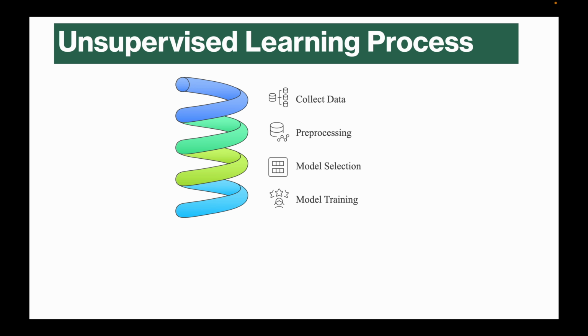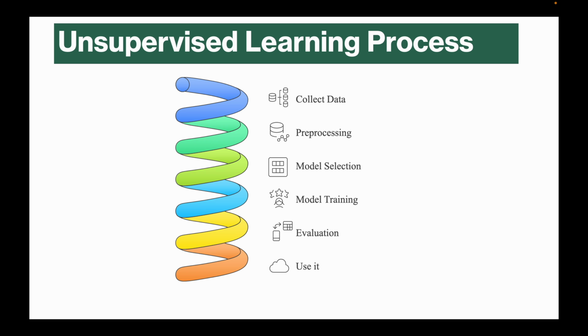After that we have model training. Here the model is fed with the training data so the algorithm finds the patterns or the structure in the data. Next is evaluation, where we evaluate the model to see its performance. And then finally we use the model. Since there are no correct outputs to compare, we don't use accuracy like in supervised learning. So this is the basic flow of unsupervised machine learning.